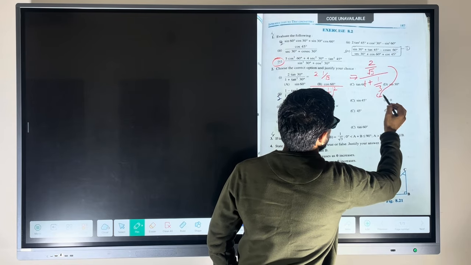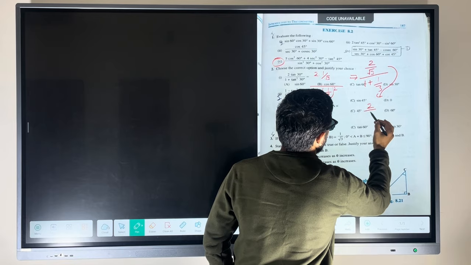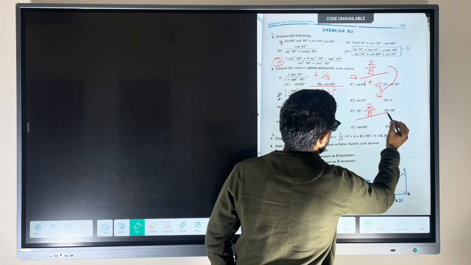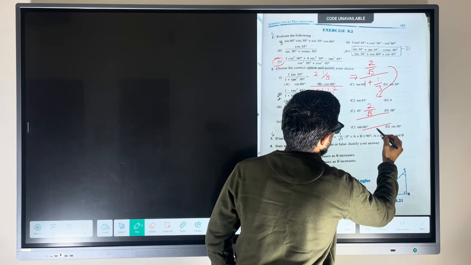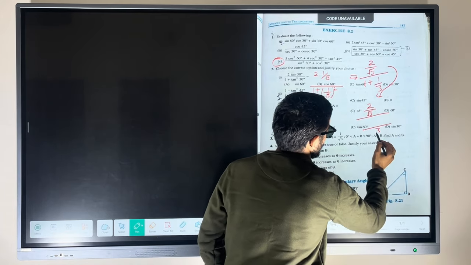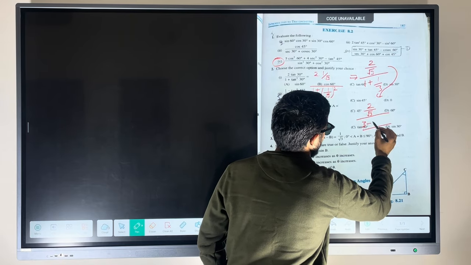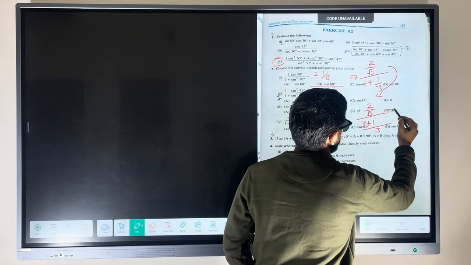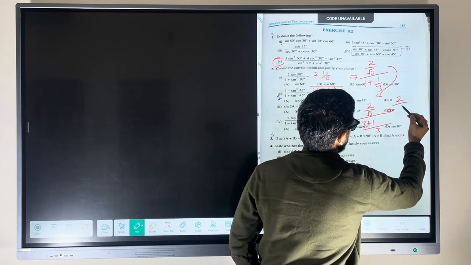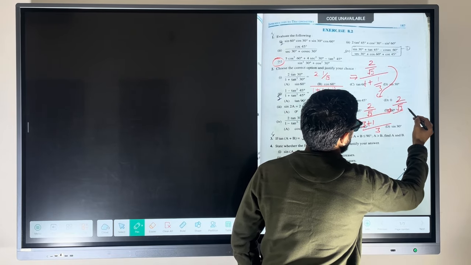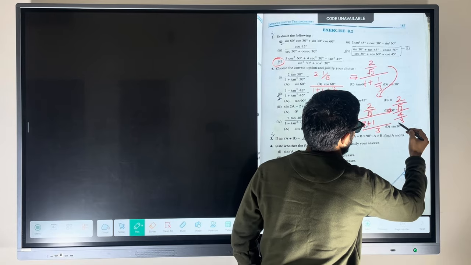If you solve this, it will be 2 by root 3 upon, here we will have LCM 3, so 3 plus 1. Now it will be 2 by root 3 upon 4 by 3.